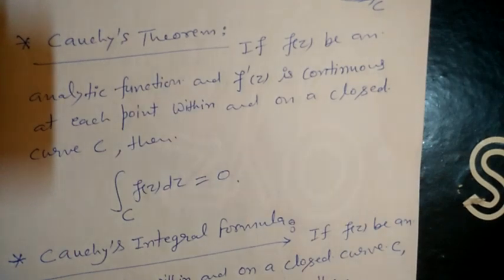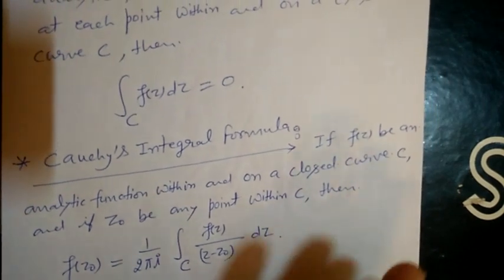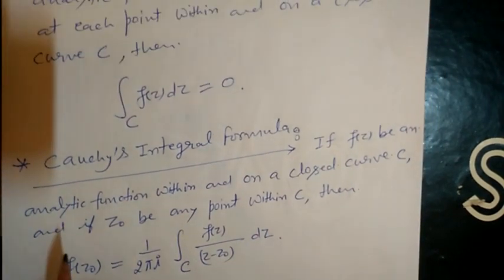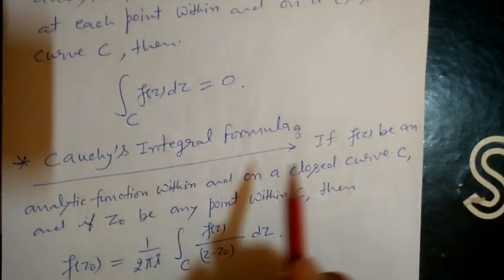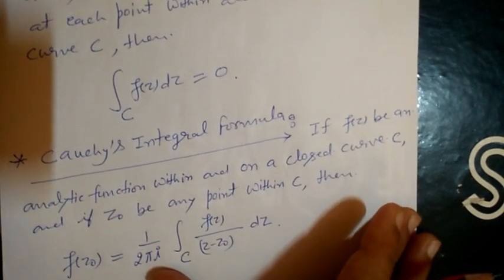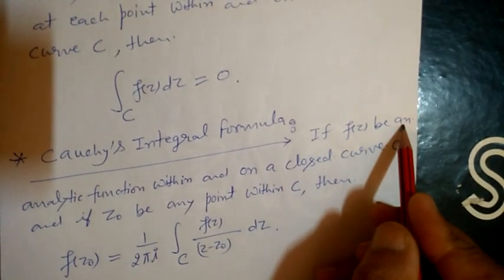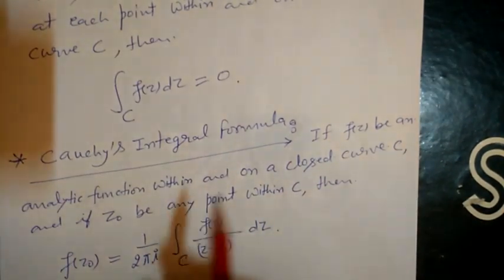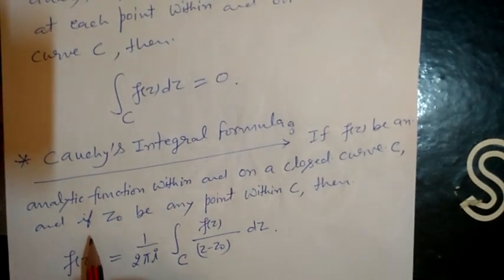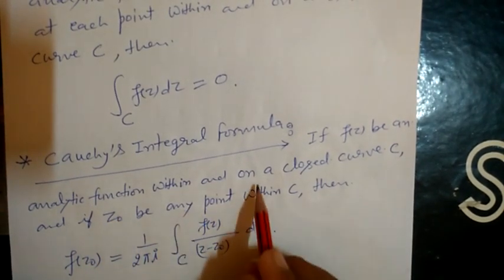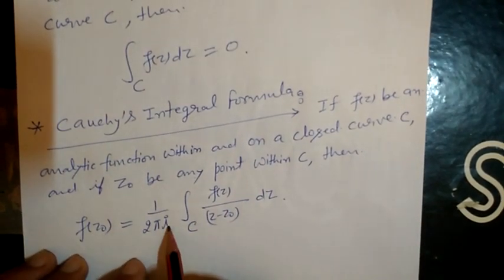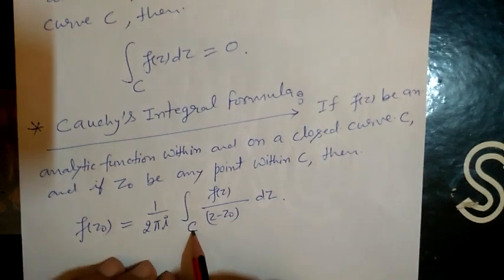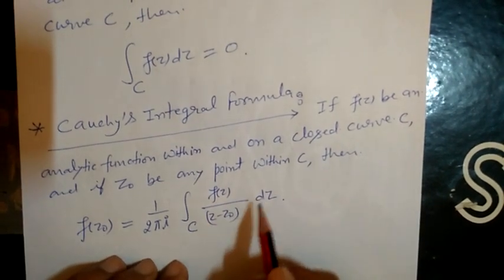Now the second theorem based on complex integration is a well-known and important theorem when we compute the value of a given complex integral. In this theorem, if f(z) is an analytic function within and on a closed curve C, and if z naught is any point within C, then f(z naught) is equal to 1 upon 2 pi I times the integral along the curve C of f(z) upon z minus z naught dz.